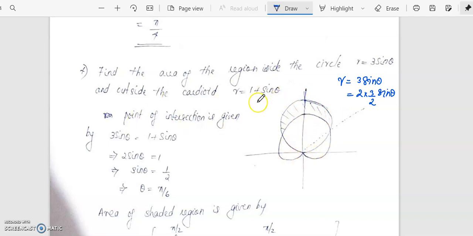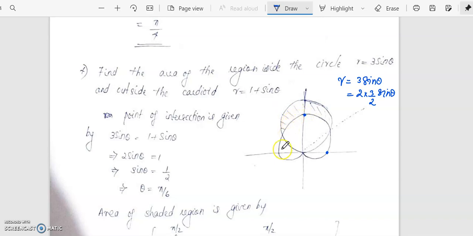Now when r equal to 1 plus sin theta, sin 0 is 0, so that will be equal to 1. Then when theta reaches pi by 2, the r value becomes 2, so it will take the maximum value.